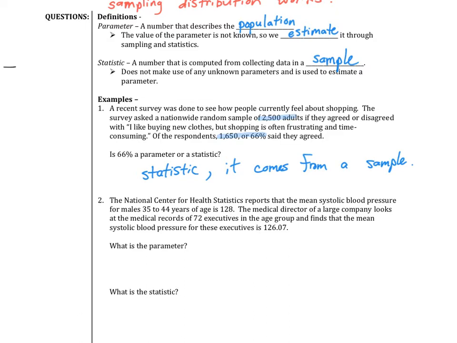Okay, the medical director of a large company looks at the medical records of 72 executives in the age group and finds that the mean systolic blood pressure of those executives is 126.07. So do you notice that 128 that came from the National Center for Health Statistics is different than the 126.07 that came from this large company that looked at the medical records?